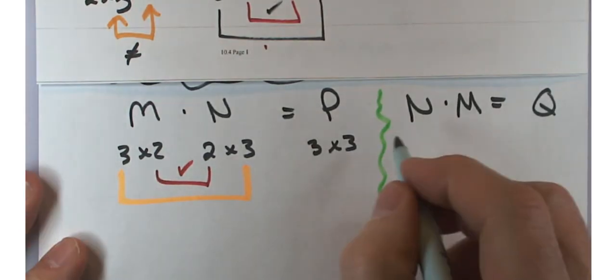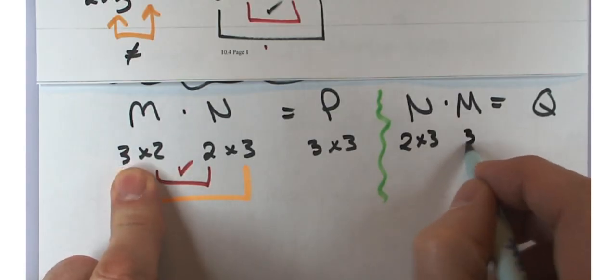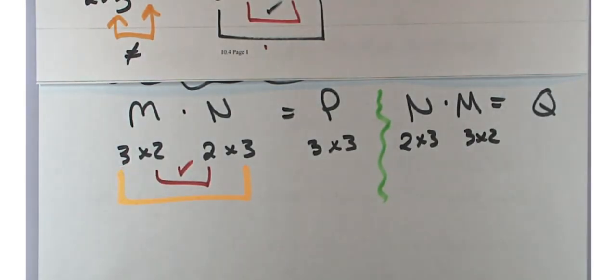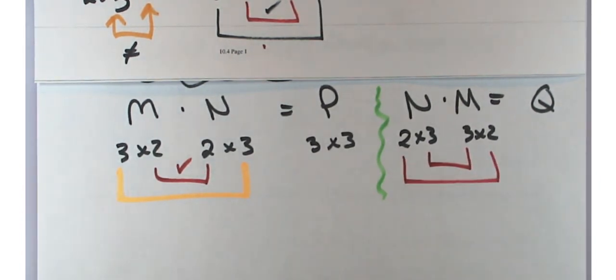M is still going to be a 3 by 2 matrix. Can I multiply these together? Yeah, no problem. These match. What size matrix do I get for the product? 2 by 2.